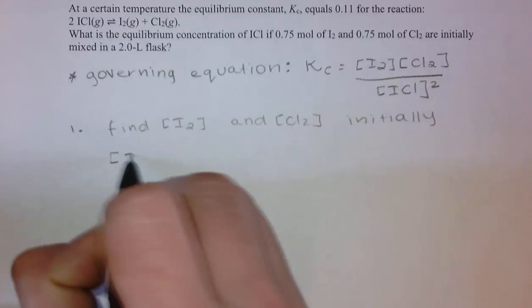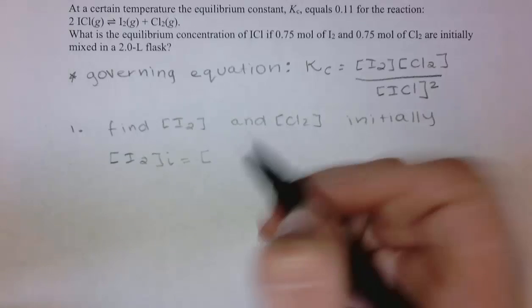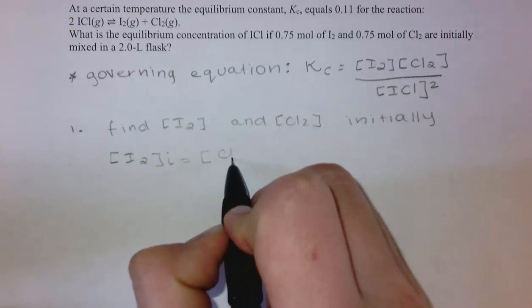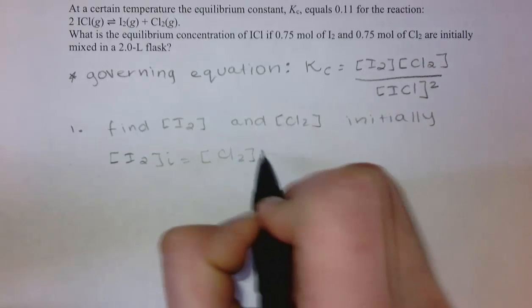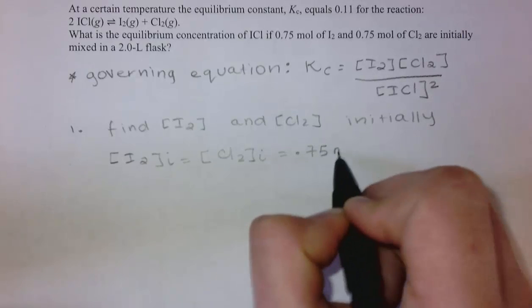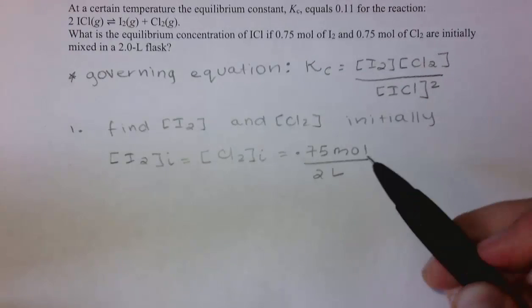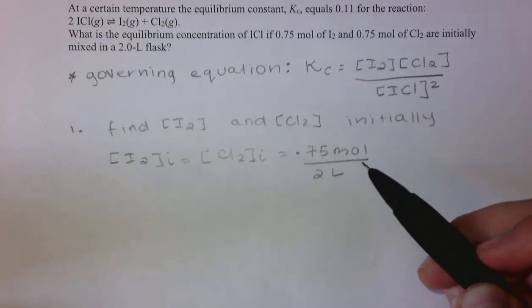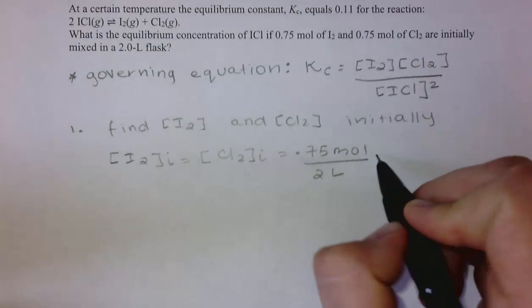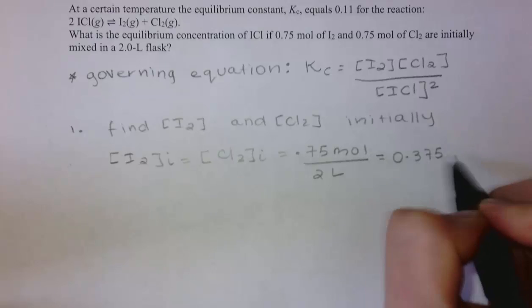So the concentration of iodine initially is going to equal the concentration of chlorine initially, which equals 0.75 moles over 2 liters, and this will give us units of molarity, and this equals 0.375 molar.